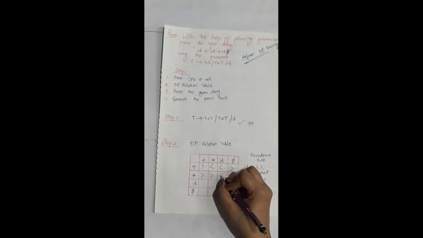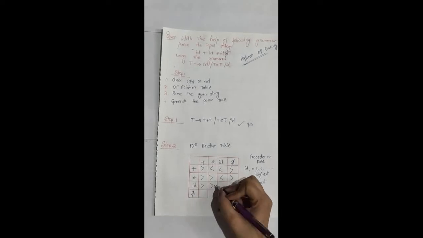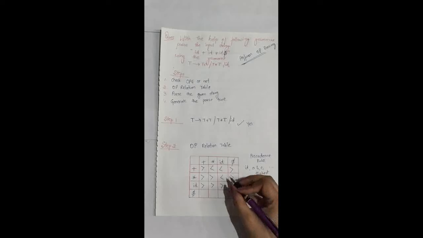Asterisk plus, asterisk asterisk, asterisk ID, asterisk dollar. ID and plus, obviously identifier, two identifiers together, that means we'll give left more priority. Now ID and dollar, we know dollar has the least priority, so obviously identifier.